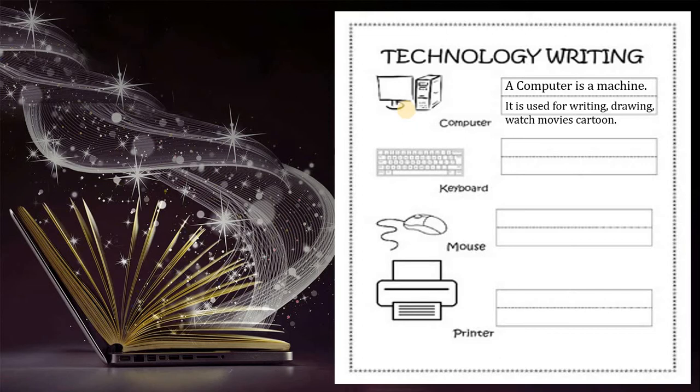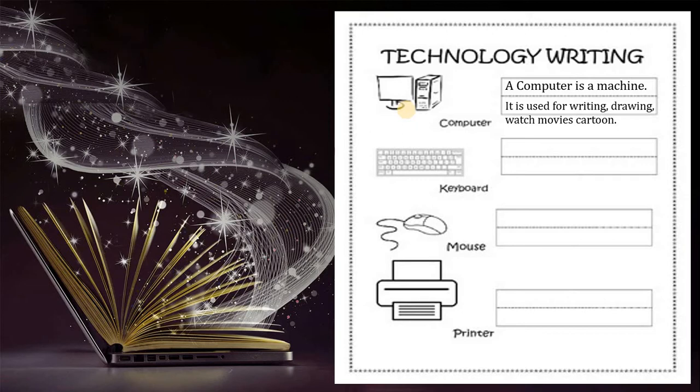You remember, I am asking the question and you are giving the answer. So it is very easy to write a question and answer. What is a computer? Computer is a machine. Now think what other sentence we can write about the computer.